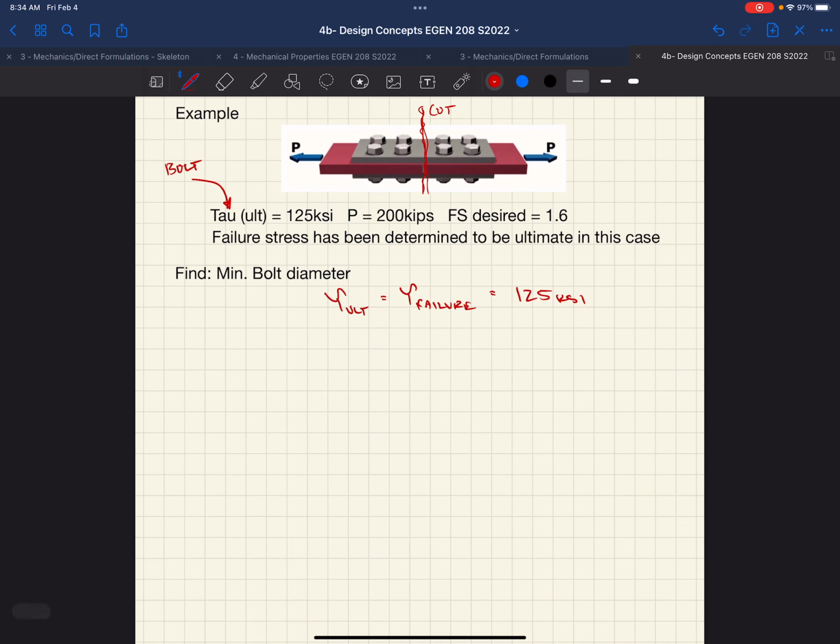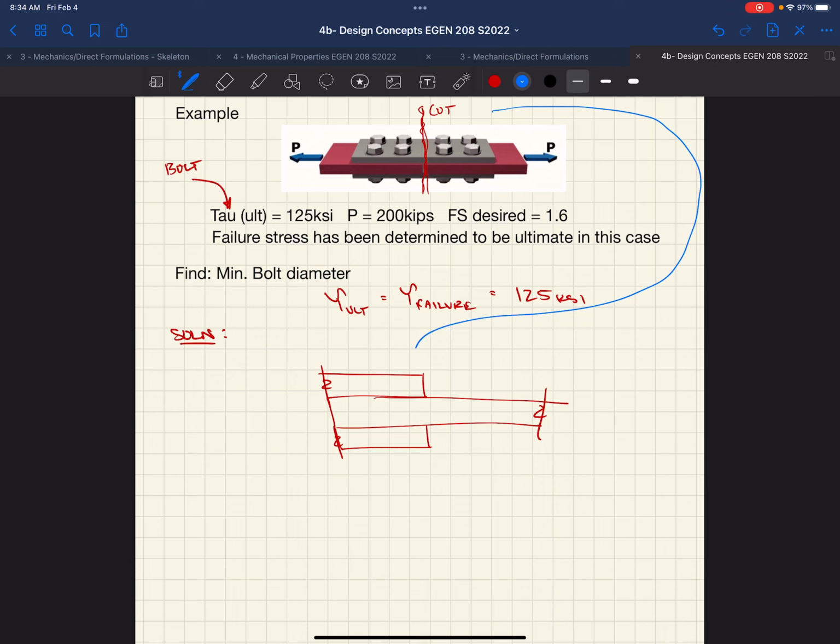Well, to start this out, I'm going to draw a free body diagram. All right, we've got, if we were to cut it and take the right-hand side of our plate system out, right?